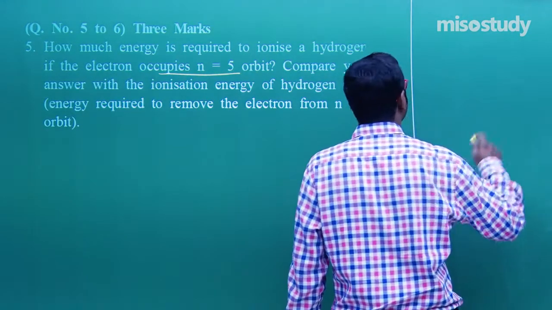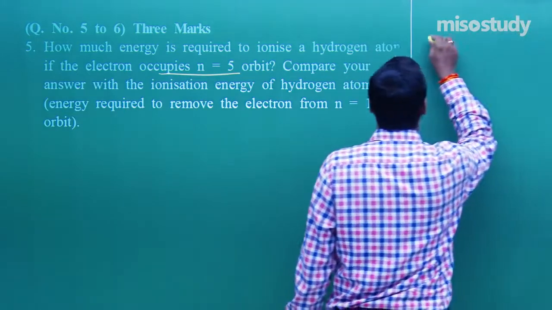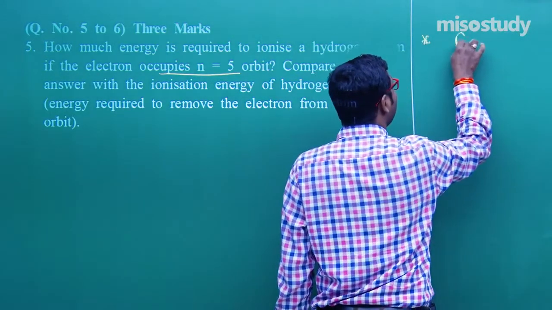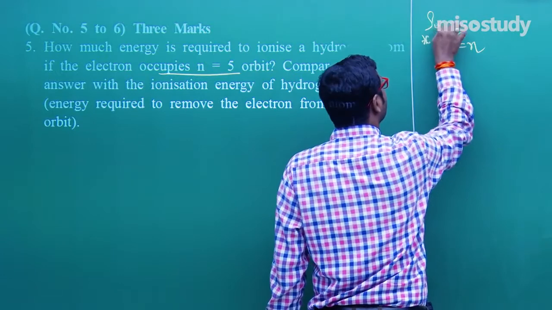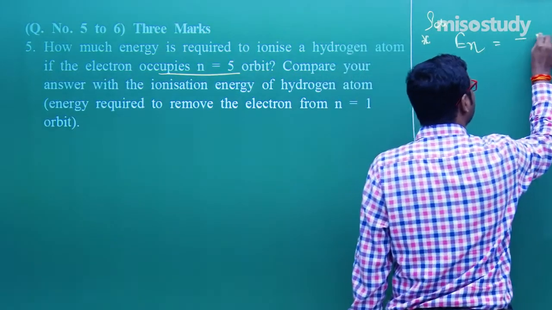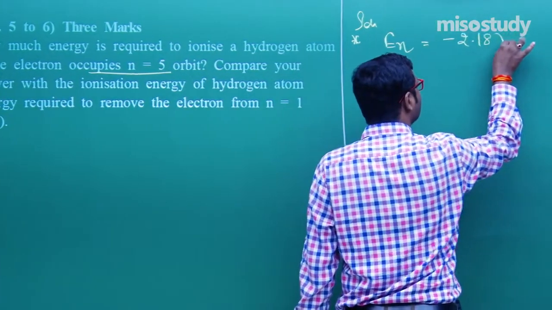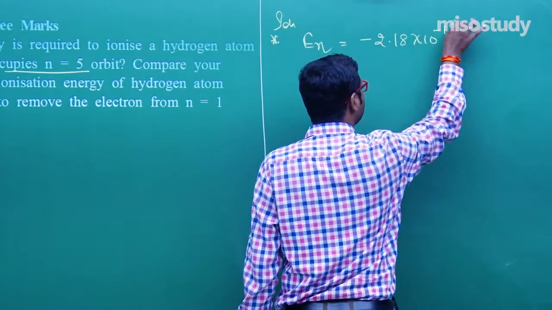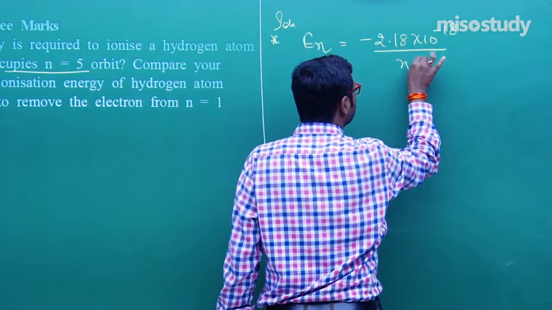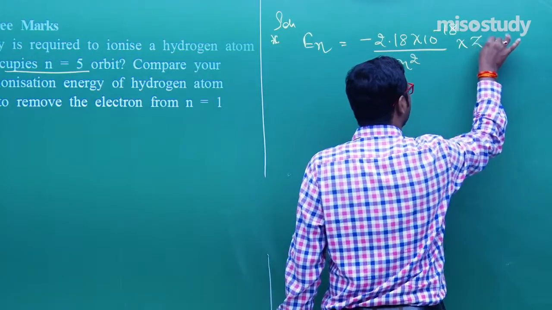Ionization energy, that is to say, as we know En is equal to minus 2.18 into 10 to the power minus 18 upon n square into Z square.